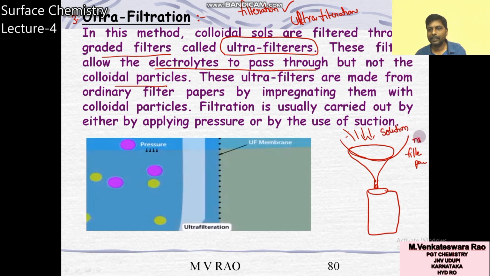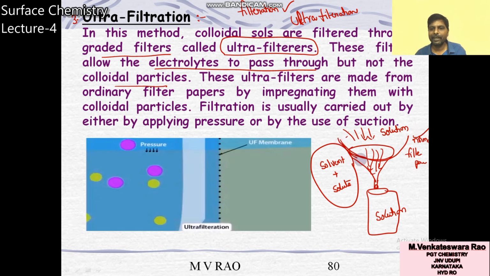This filter paper is normal filter paper. Through the normal filter paper, all the solution will come here. You will get only solution. You cannot separate solvent and solute by using normal filtration.